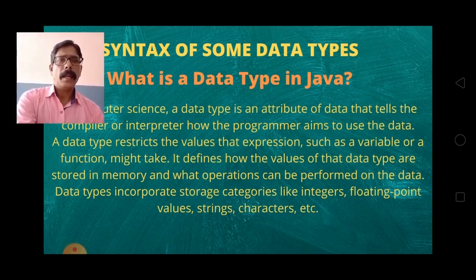Clear? A data type restricts the values that an expression, such as a variable or a function, might take. It defines how the values of that data type are stored in the computer's memory and what operations can be performed on the data for getting the output.